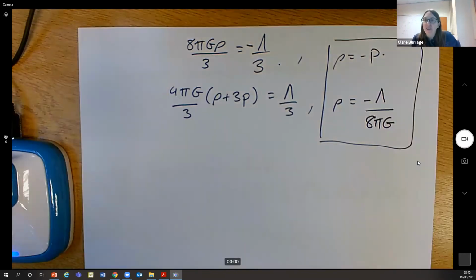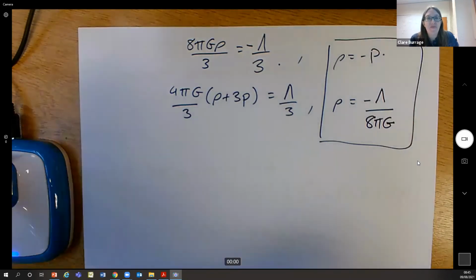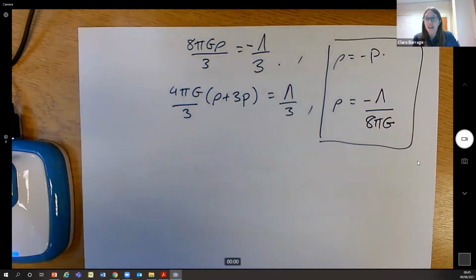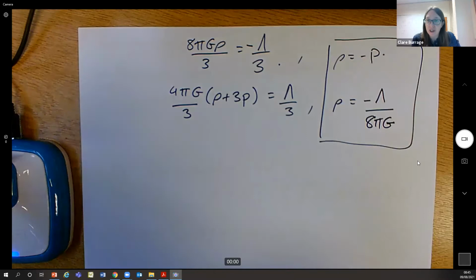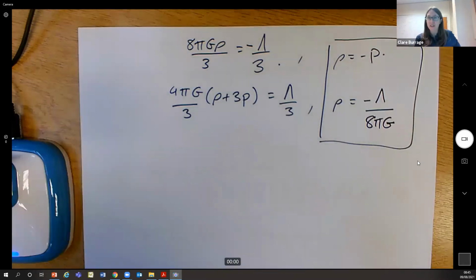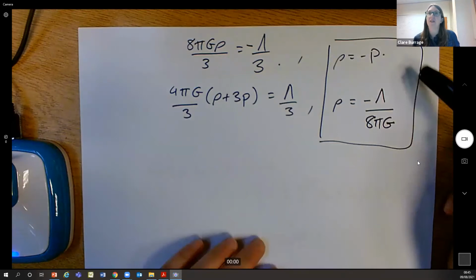And again, you hear people talking about negative pressures in this context. I think, honestly, all that means is that probably a perfect fluid description is not a very useful way of talking about matter when it comes to matter that mimics a cosmological constant. And we'll see in a few minutes the type of matter that actually can give you this kind of behavior.